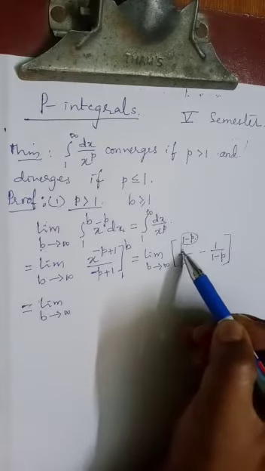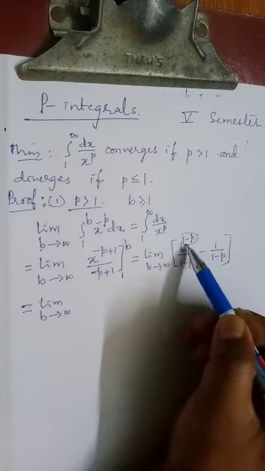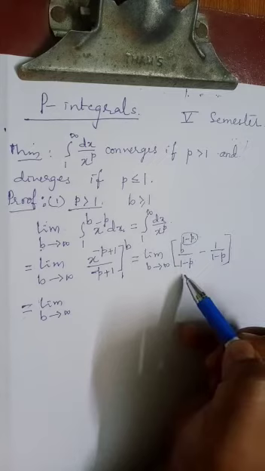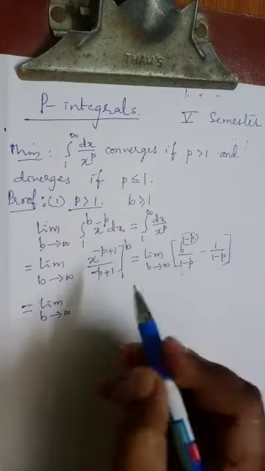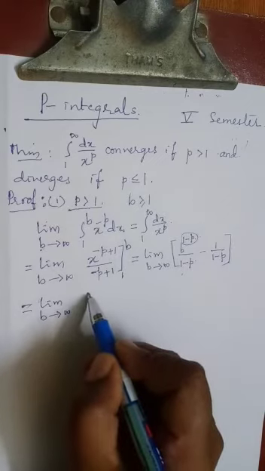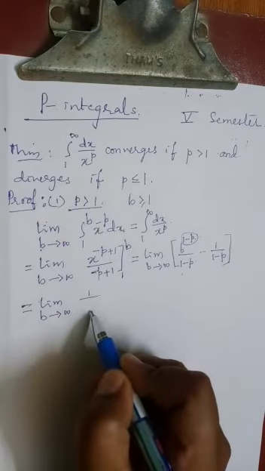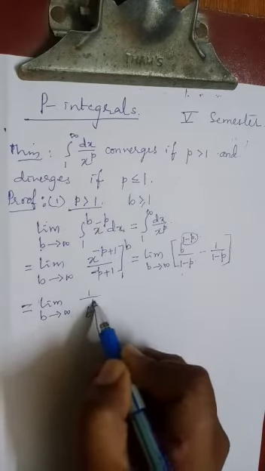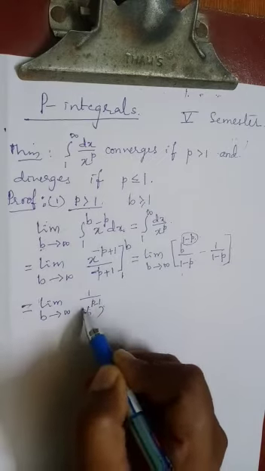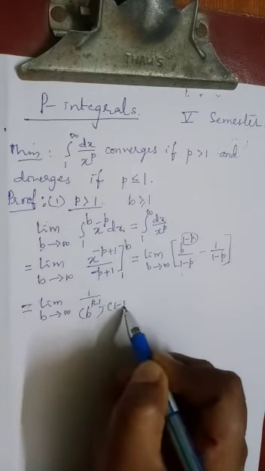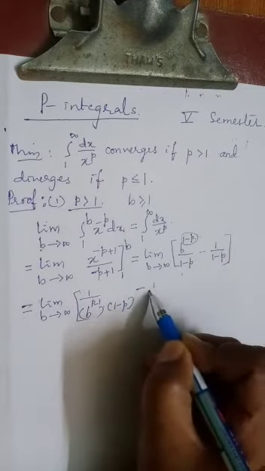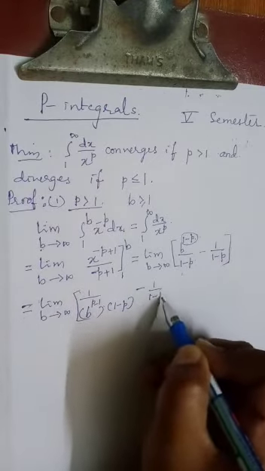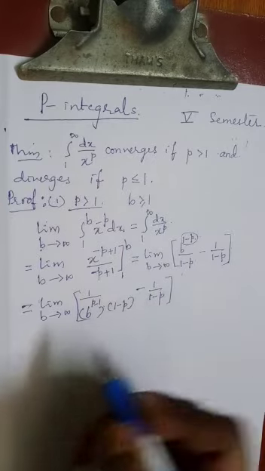Then b raised to this comes to the denominator: 1 divided by b raised to p minus 1, into 1 minus p, minus 1 by 1 minus p.